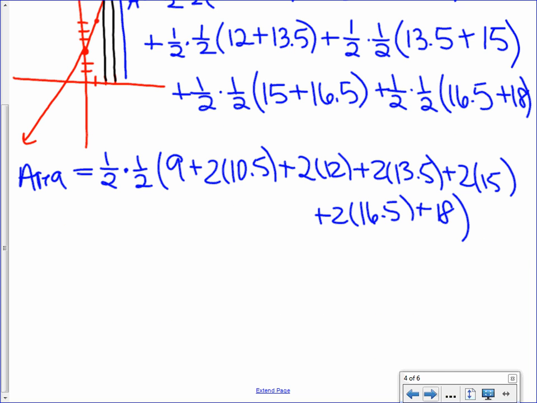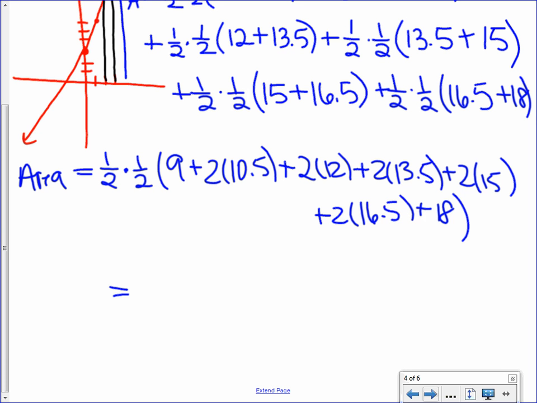When you use left, right, and middle, if you had 6 rectangles, you had 6 products to add together. Okay? 6 trapezoids, you're going to have 7 values because you have 2 bases for each trapezoid. Okay? What is our approximation? It's not an approximation, it's actually exact.